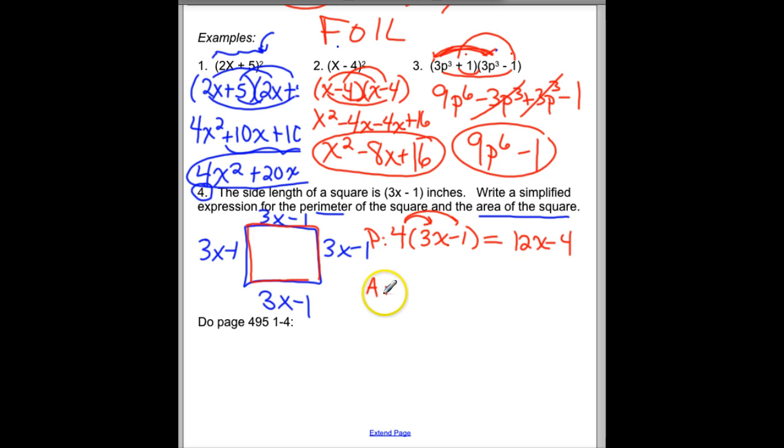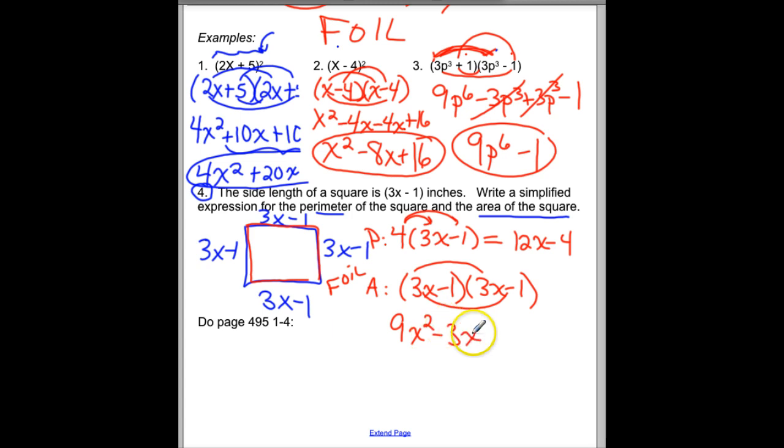Area of a square is a side squared, or a side times itself. Now you probably don't remember that pattern. I don't even think I finished it, and it doesn't matter because we're just going to FOIL it. We're going to do firsts. 3x times 3x is 9x squared. We're going to do outside. We're going to multiply the insides.